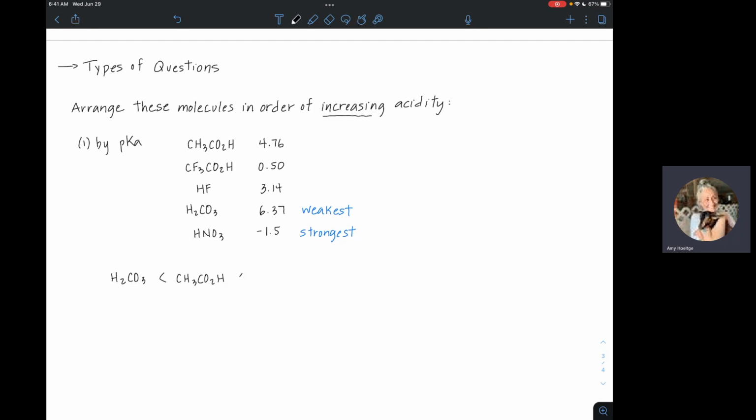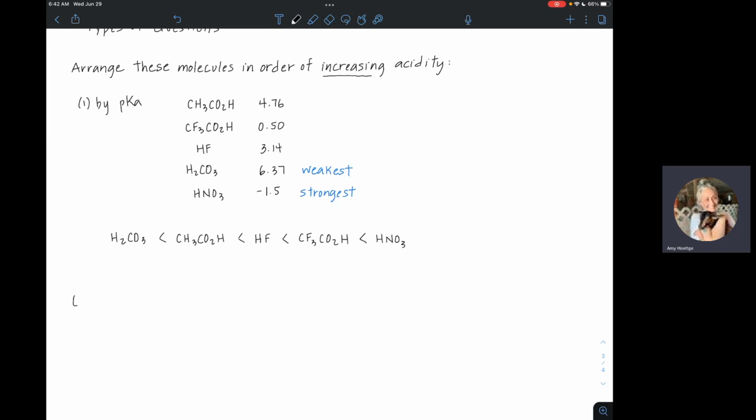And that's going to be weaker than our next strongest acid, which is hydrofluoric acid, which is going to be weaker than our next strongest acid, which would be, from this list, trifluoroacetic acid. And then that just leaves us with our strongest, which is nitric for this list.